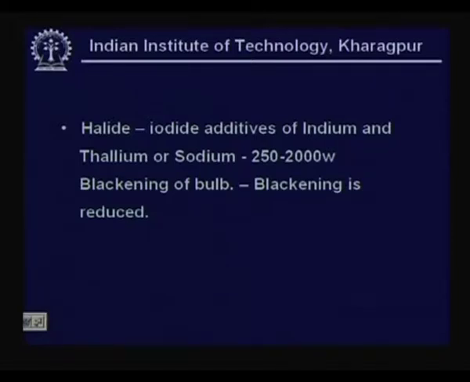Now these are basically high energy incandescent lamps which are used for flood lighting, and we do find that there is a risk of blackening of the envelope because of evaporation of the filament, and that's reduced if you have these halides, because they react with the vapor that's available and as a result absorb the heat and they get condensed, and in the process they get redeposited on the filament.